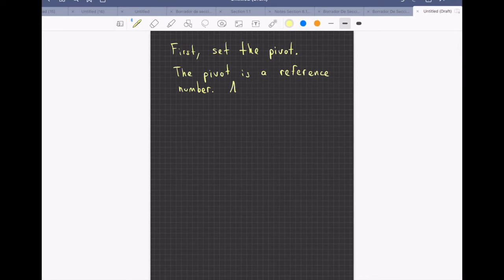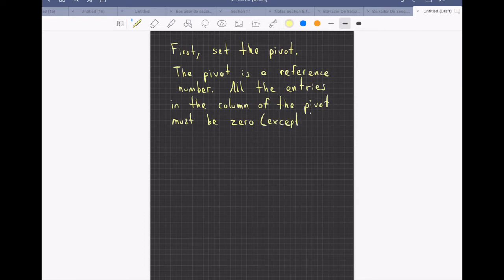This is like a guide. All the entries in the column of the pivot must be 0, except the pivot itself.